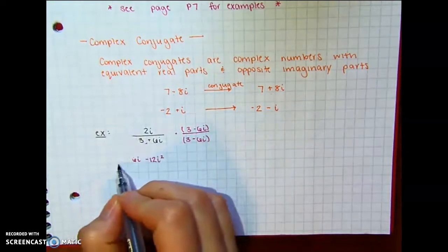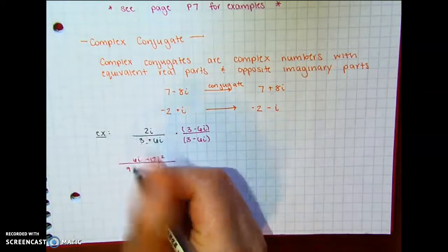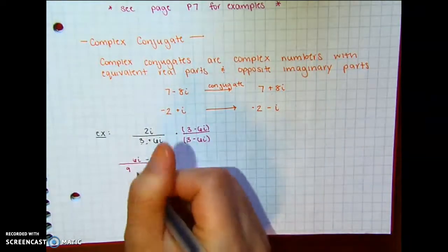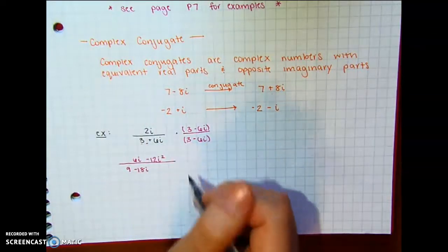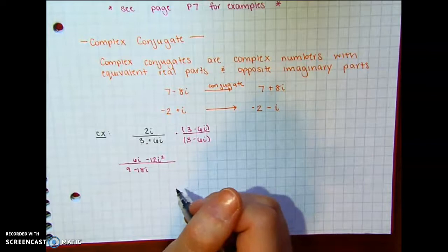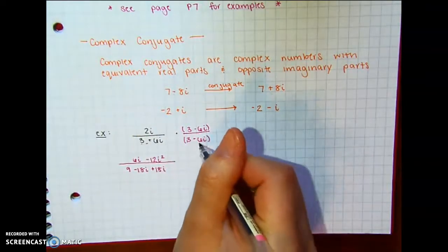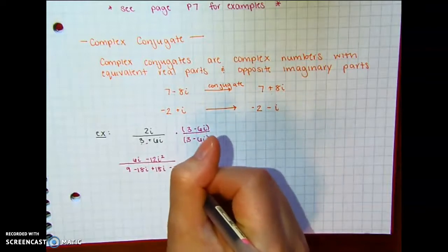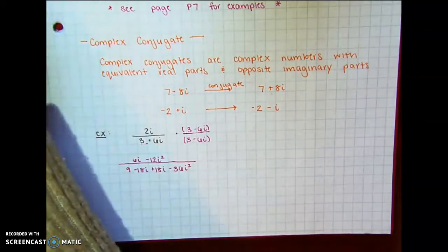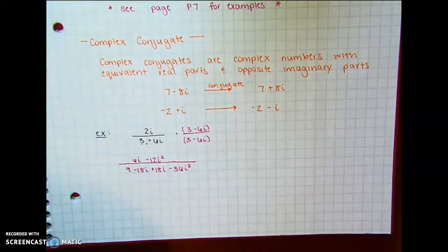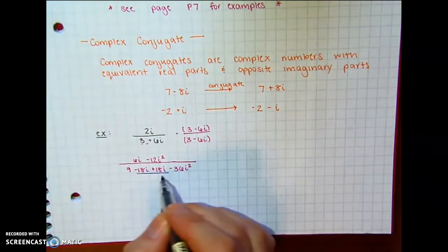And this is why we do it, because in the denominator, you distribute, so 3 times 3 is 9. 3 times negative 6i is negative 18i. And then 6i times 3 is positive 18i. And then 6i times negative 6i is negative 36i squared. So the whole reason we multiply by the conjugate is really this right here. So these are going to cancel.